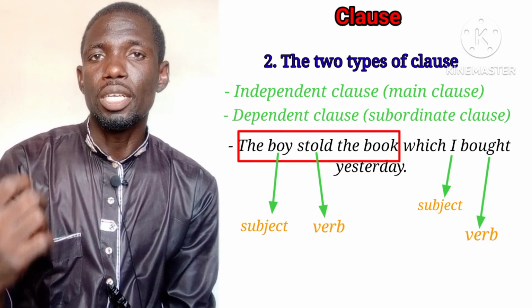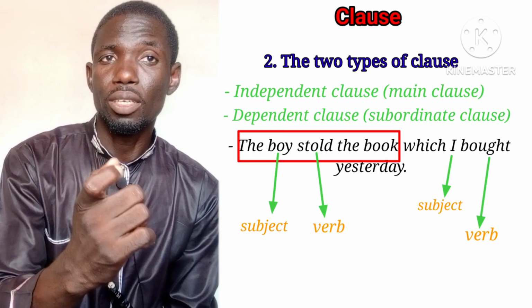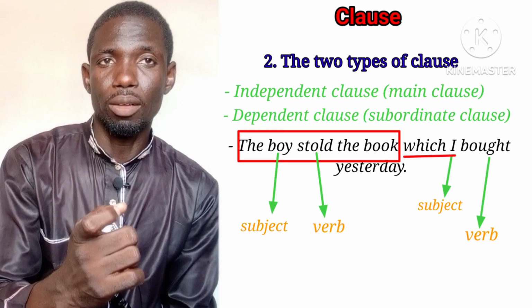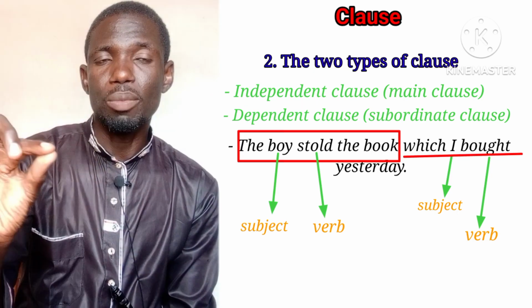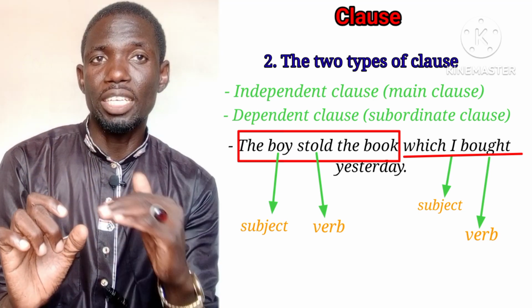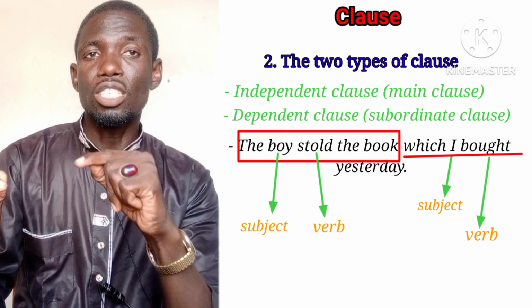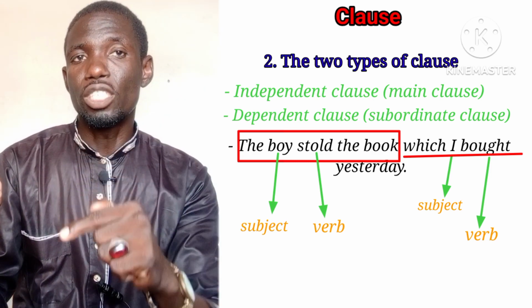But if you now say, the boy stole the book which I bought, this is complete, because which I bought can be meaningful here. So the first statement is the independent clause, while the second statement is the dependent clause, as I underline the two. The second statement requires the first statement to complete its meaning.